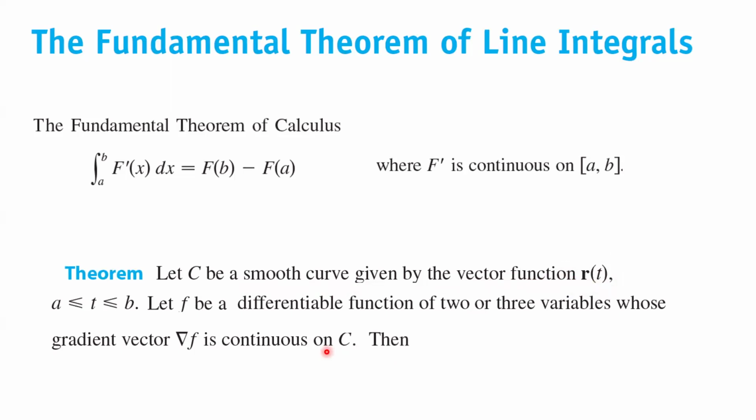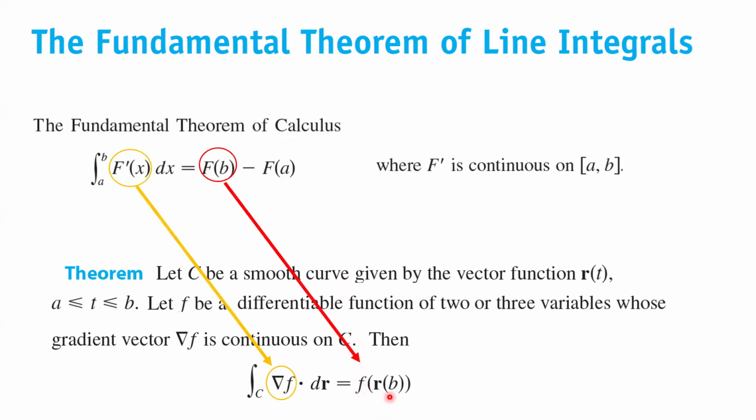With this given information, we can generalize the fundamental theorem of calculus and say that the integral over curve C of nabla f, or gradient of f, which intuitively can be assumed as the derivative of the function, dot product with dr, which is the differential of this vector, is equal to, instead of f of b, now you have f of r of b, the terminal point, minus, now for f of a, you're going to use f of r of a.